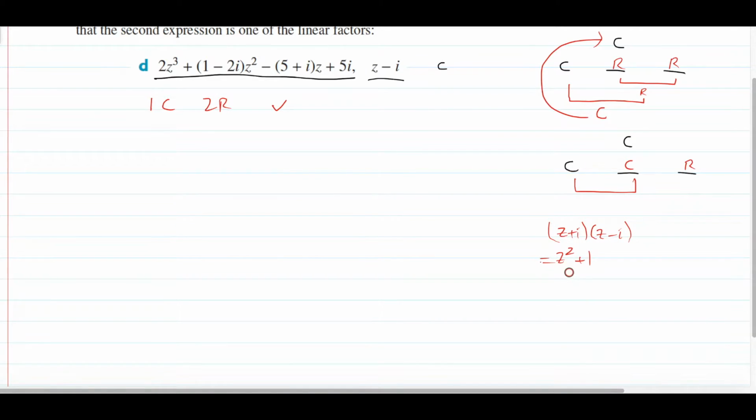You won't see any imaginary numbers, so it's not complex over the complex plane. If you multiply two conjugates, you actually get a real. But if you multiply two complex that are not conjugates, so maybe z plus i and z minus 5i or something, then you actually get complex, okay? So these two complex factors cannot be conjugates, or else you get real.